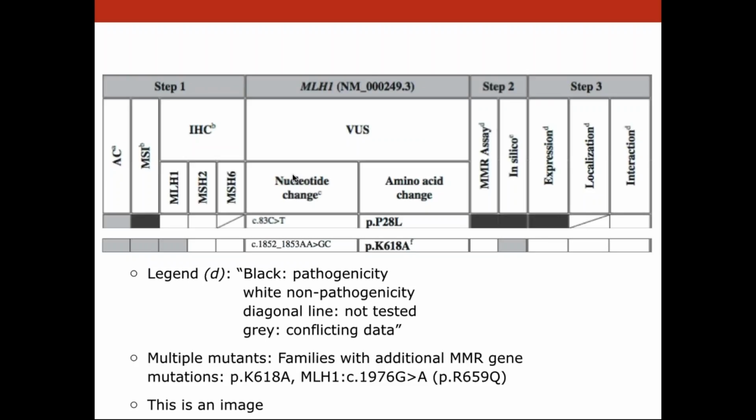Now, something that you find quite frequently in research papers is a small case F next to the variant, here PK618 alanine. In the legend it says that these families have additional mutations.